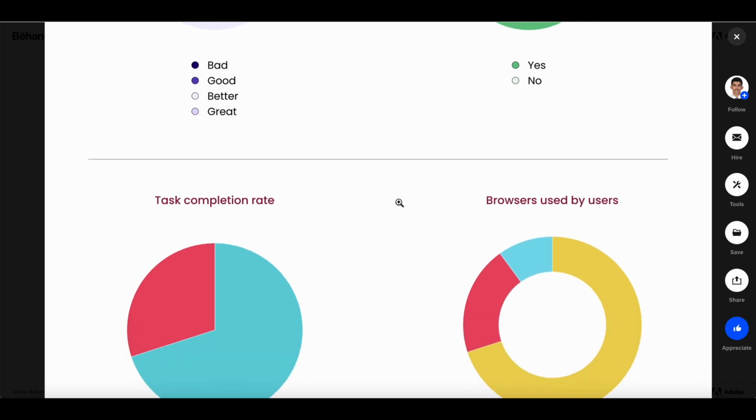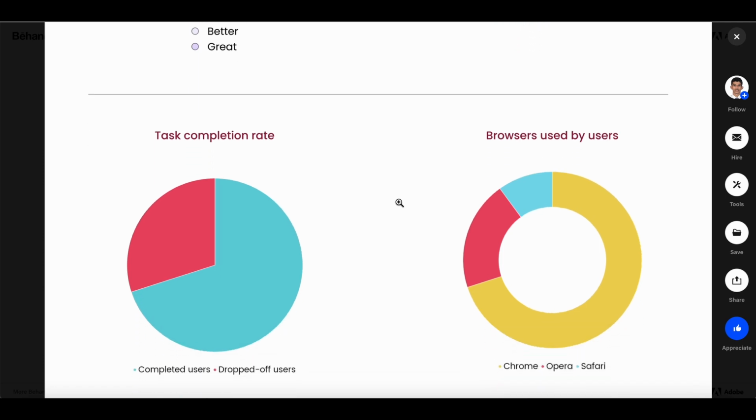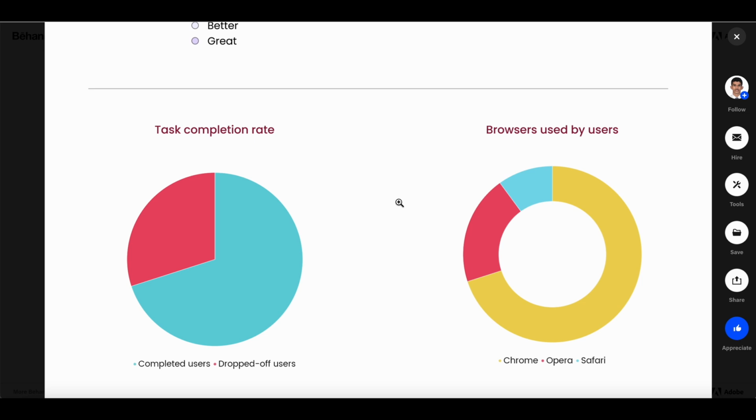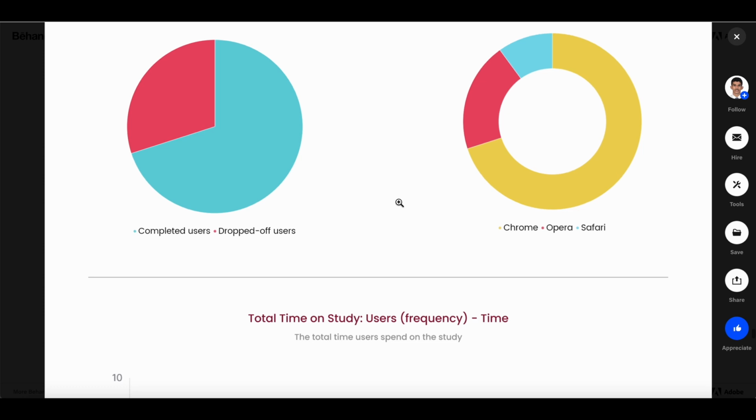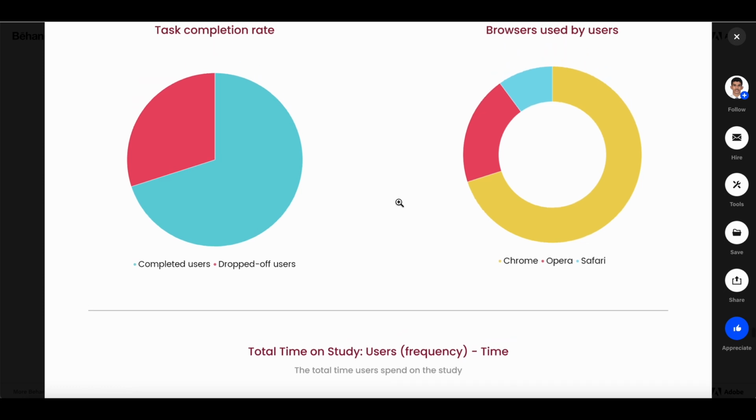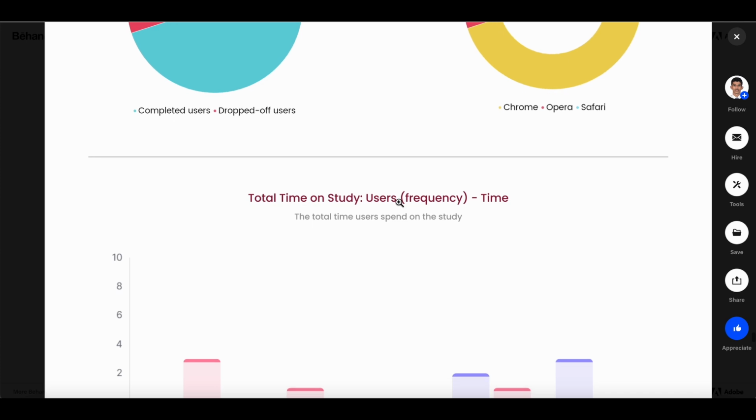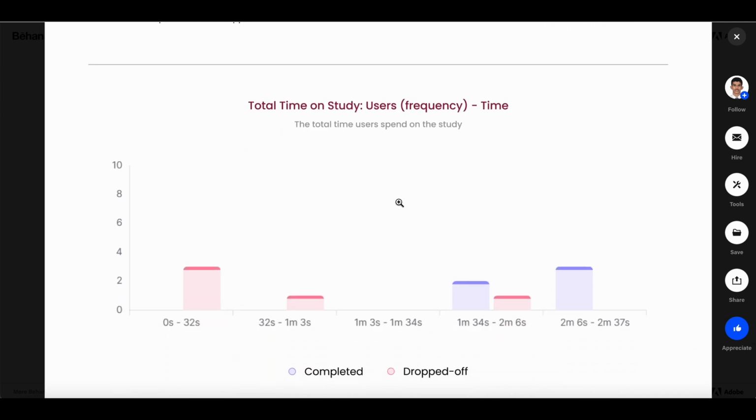And like I said, I really like his thinking, the approach. So he has done the task completion rate, browsers used by users. I think he has to use a functional prototype to do these kinds of stuff, which he said to me that he made one of those.